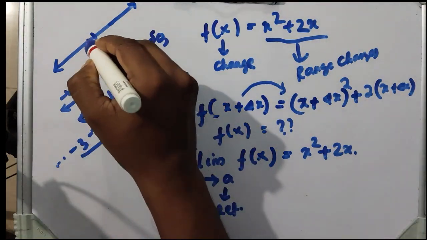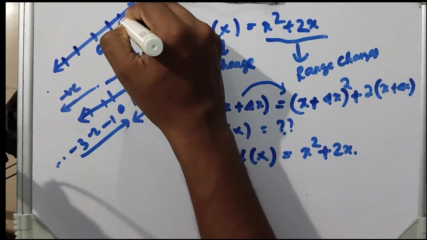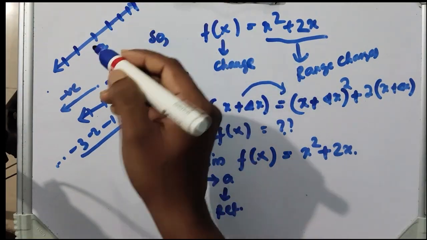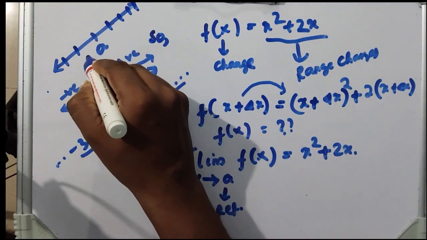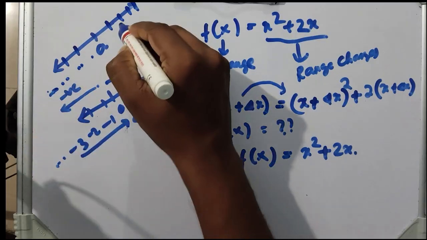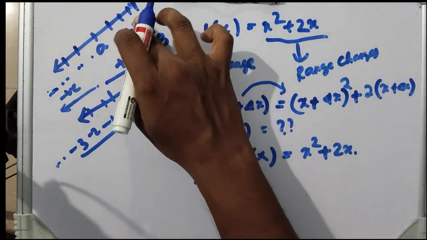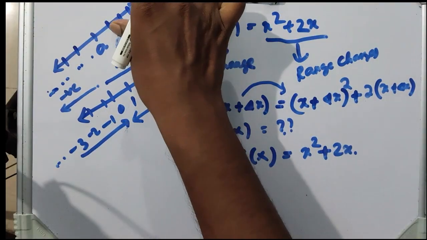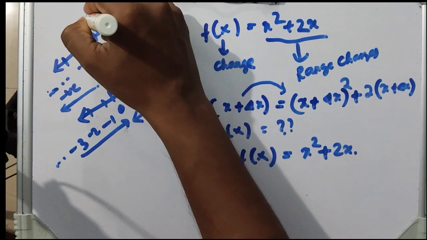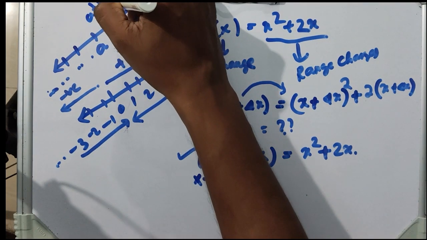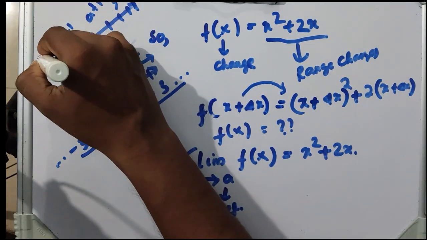When x tends to a, there are many numbers before it and many numbers after a. If a is a natural number or any real number, there are numbers present before a and numbers after it, like a plus 1, a plus 2, and a minus 1, a minus 2.